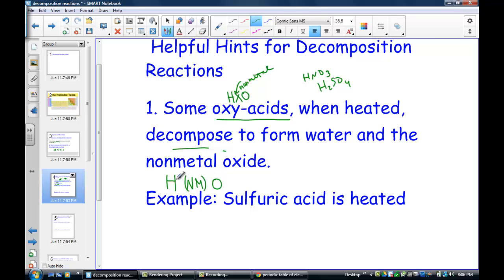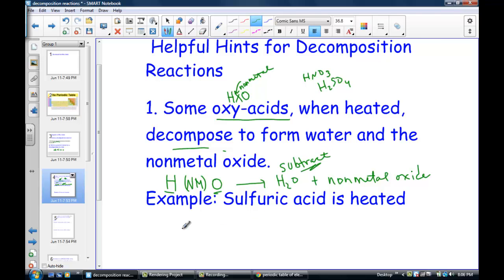This would be a generic formula for an oxyacid. What I want us to do is to subtract out the water and see what's left for the nonmetal oxide. So I said a key word: subtract. Subtract a water from your original formula and just see what's left for the other product.